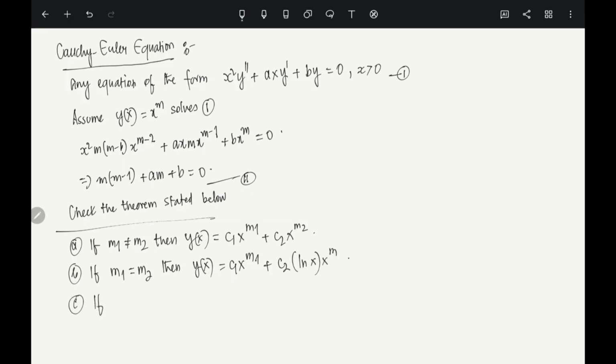And if the roots are complex conjugates, m equals u plus or minus iv, then y of x will look like c1 times x power u cosine of v log x plus c2 times x power u sine of v log x. In both cases x power u is there. Clear? So you have to check this part.